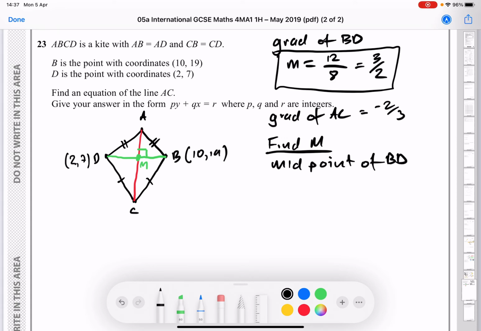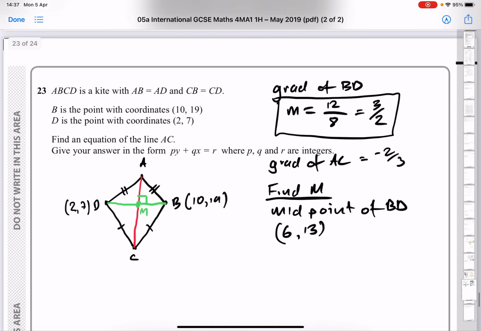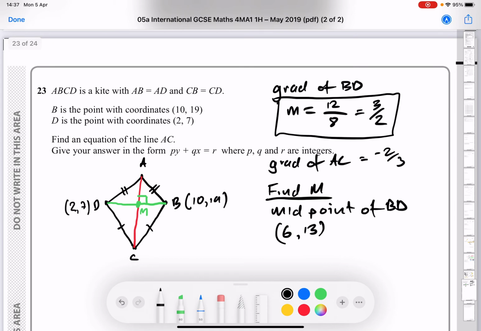So 2 add 10 is 12, so the middle of that is 6. 19 add 7 is 26, the middle of that then is 13. We've got another mark. We've got 3 marks so far, I would think. I'd forgotten to check how many marks this is in total, but I reckon we've got 3 of 5 already.